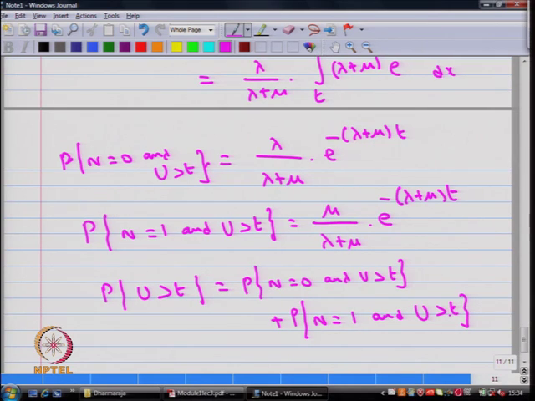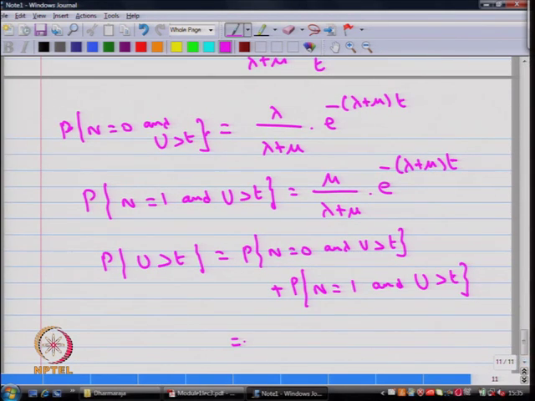That is the way you can find out the probability of U greater than t. If you add, you will get the result, that is e power minus lambda plus mu times t. That is the meaning of the minimum of two random variables takes a value greater than t, that is e power minus lambda plus mu times t.